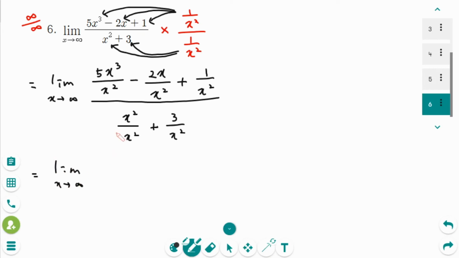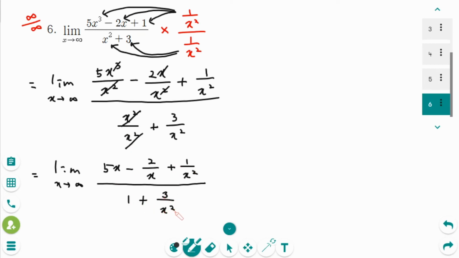The limit x approaches infinity. Simplify this one. The 5x is left over. This is only 2 over x plus 1 over x squared over, this is the 1 plus 3 over x squared.